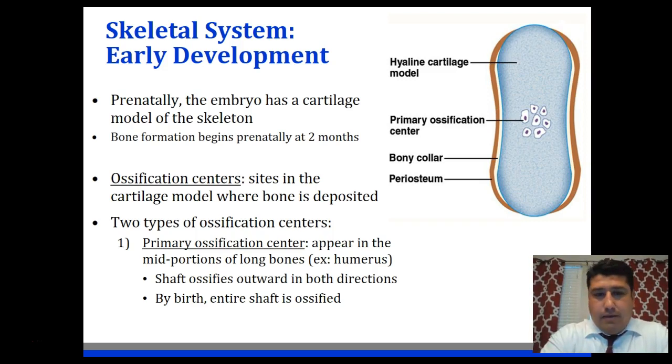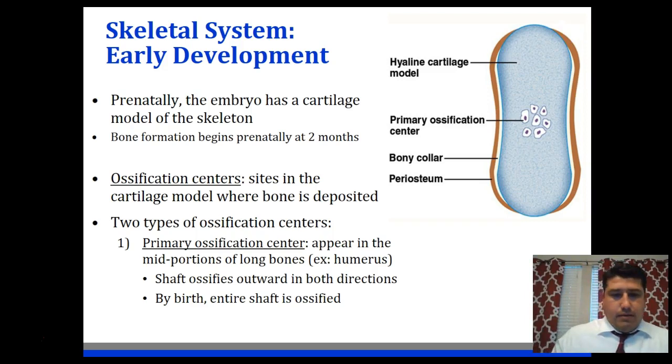The primary ossification center is the first location in the bone where bone starts to form. It usually forms directly in the middle of the shaft, and it starts to form outward in both directions towards the ends. So bone forms in the middle of the cartilaginous model, and it starts to extend outward.